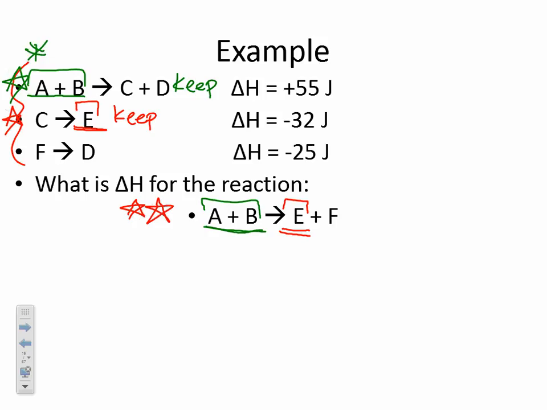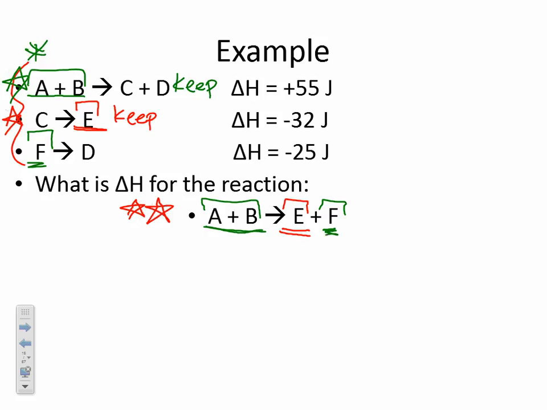And then I'm going to look at the last one, F goes to D. Again, I'm looking for things that are in F goes to D that are also in my target equation. And I notice in the reaction that I want that we have an F. Well, I need an F. First thing that I ask, is the F on the correct side of the arrow? Ooh, no, it's not, because here F is a reactant versus here F is a product.